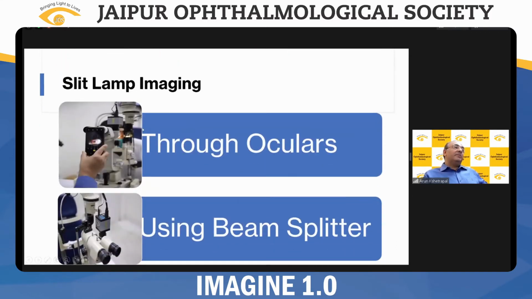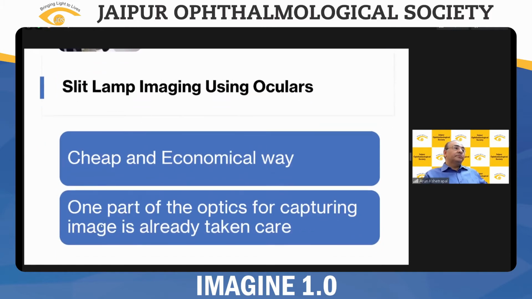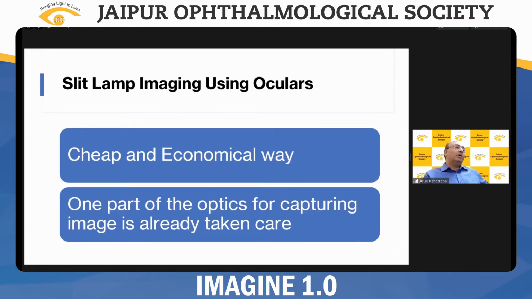In slit lamp imaging, you can either use the ocular or the eyepiece, or you can fit a beam splitter here, which splits the beam coming, with about 80% of the light going to the oculars and 20% going to the camera. I'll talk about slit lamp imaging using oculars.